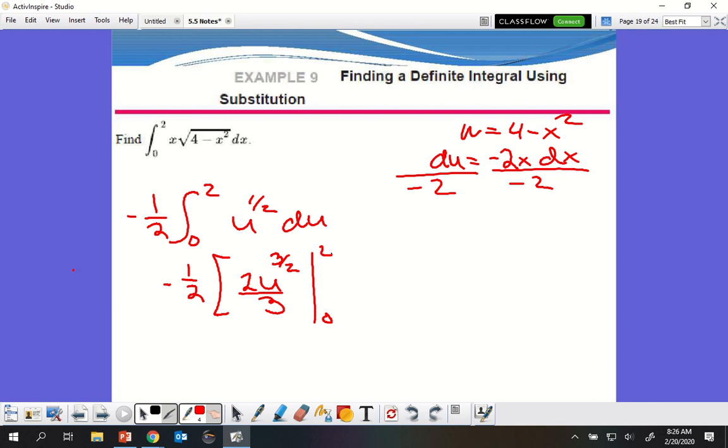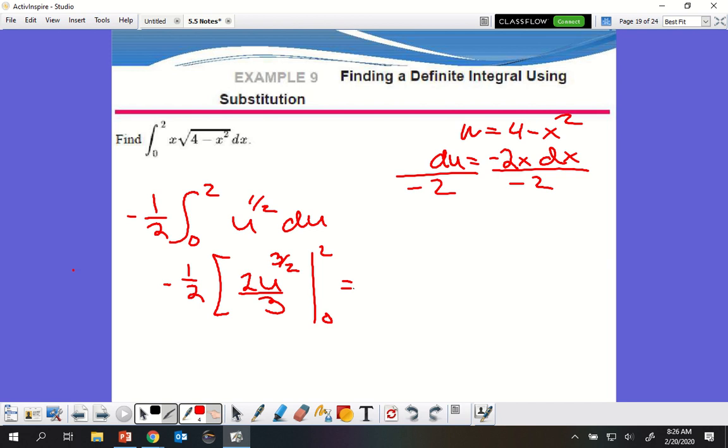Now, remember, these bounds are in terms of x, right? In terms of x. So what do I need to do? I need to put it back, right? I need to put it back. So let's go ahead and put it back.